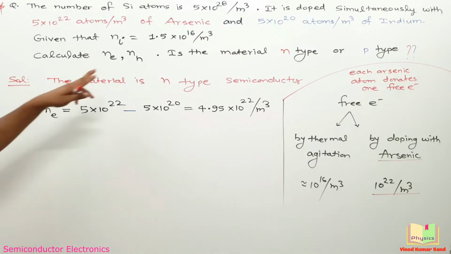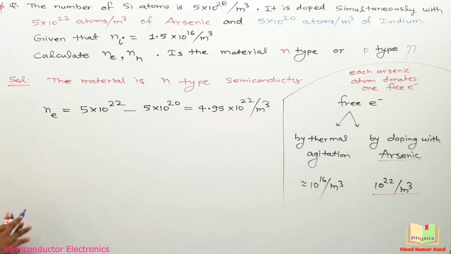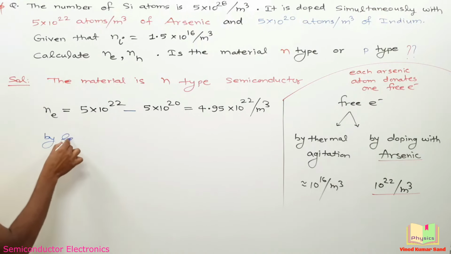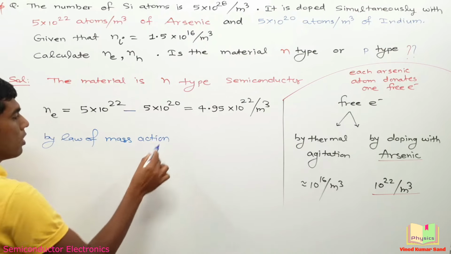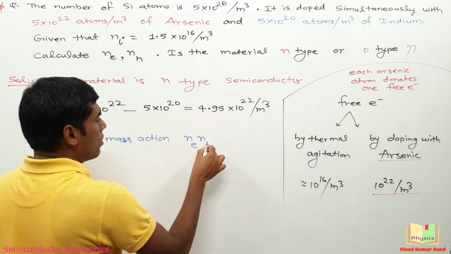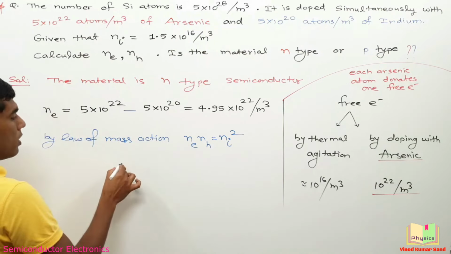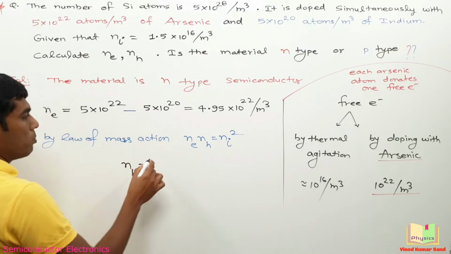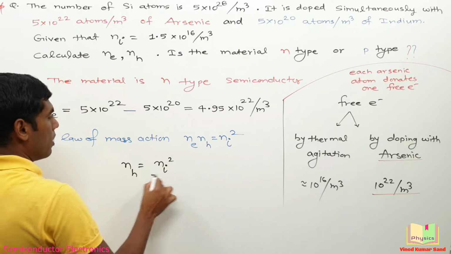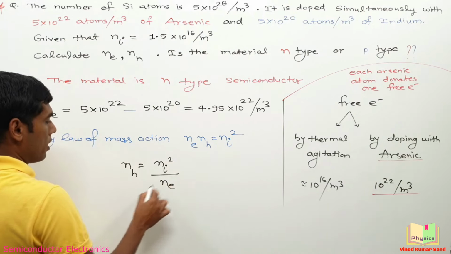After getting Ne, we can easily calculate NH by law of mass action. Ne into NH is equal to Ni square. So the NH should be equal to Ni square divided by Ne.